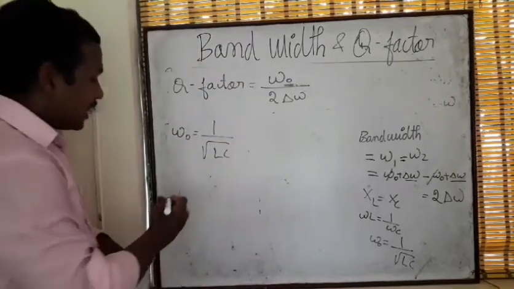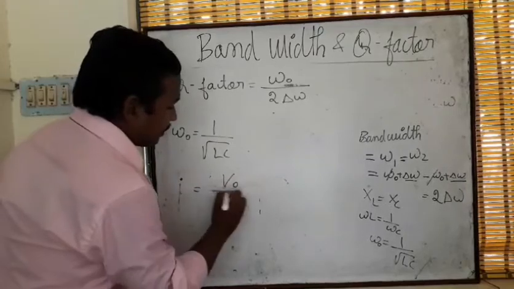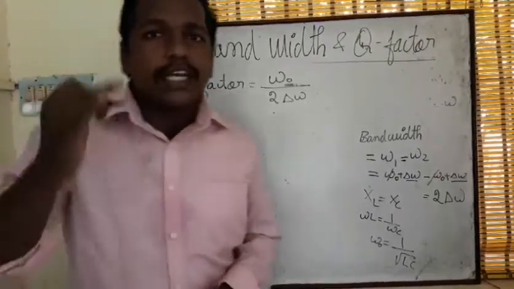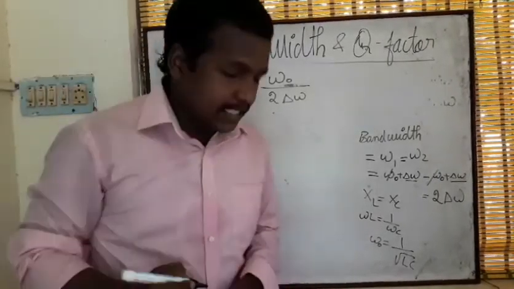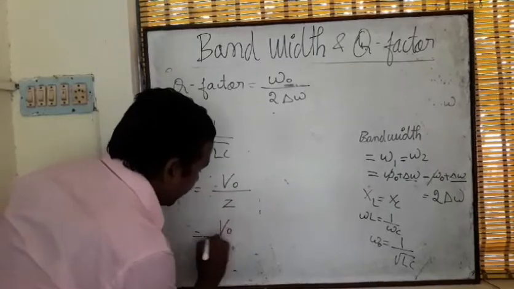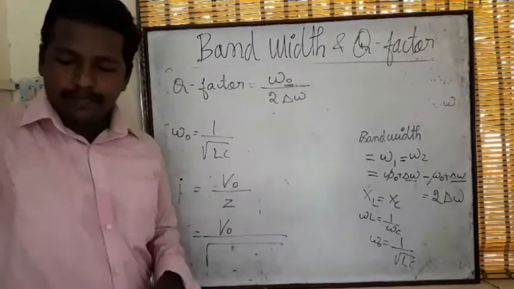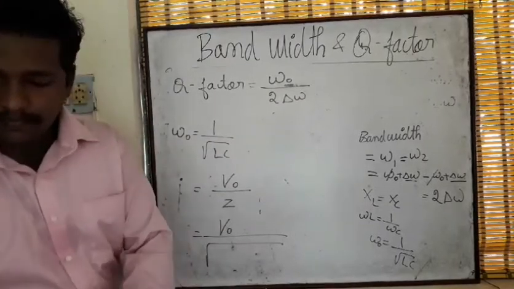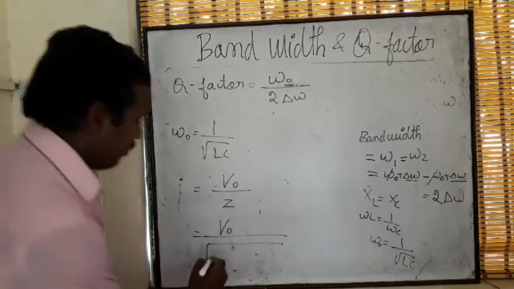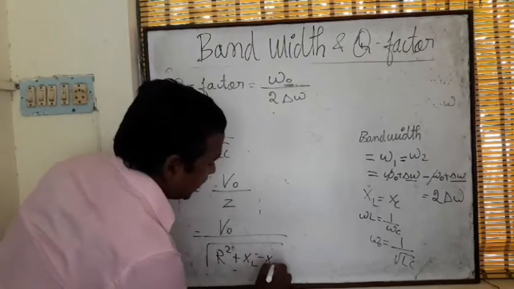Okay, so as we know, I is equal to V by R. So for the LCR circuit, Z is the total combined resistance, which we take as V naught divided by root of R square plus XL minus XC whole square.